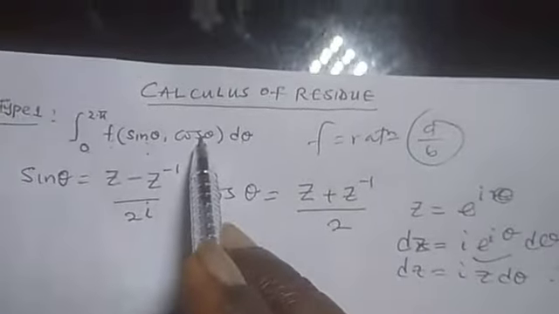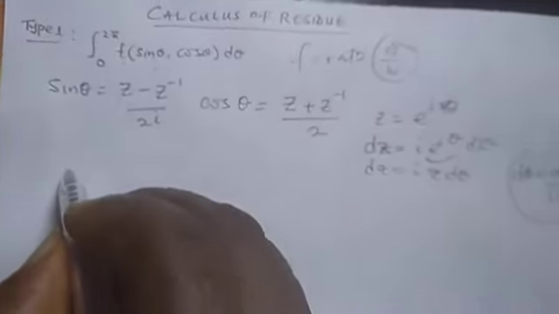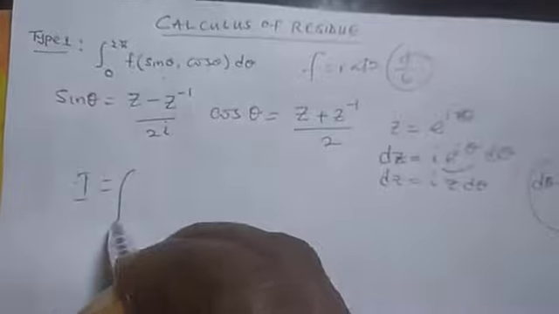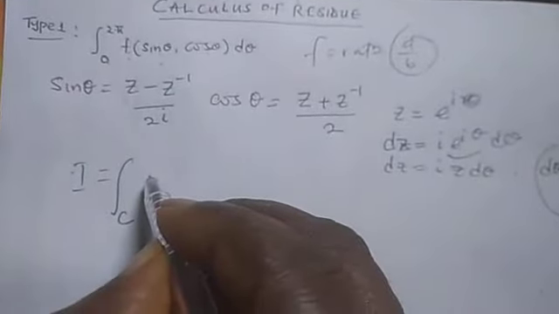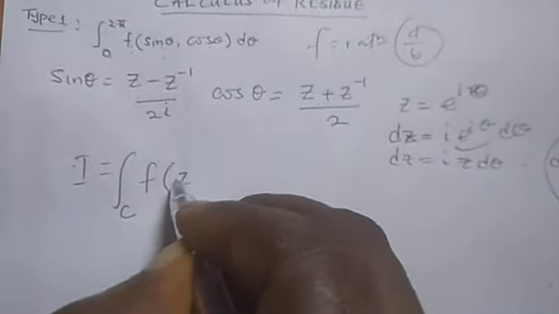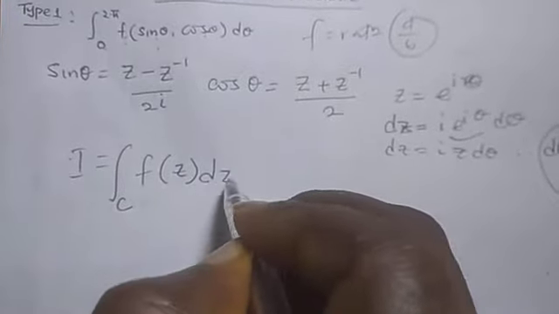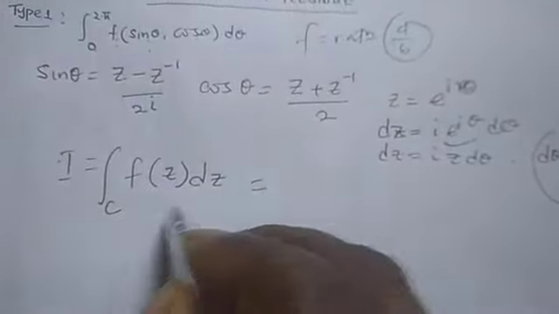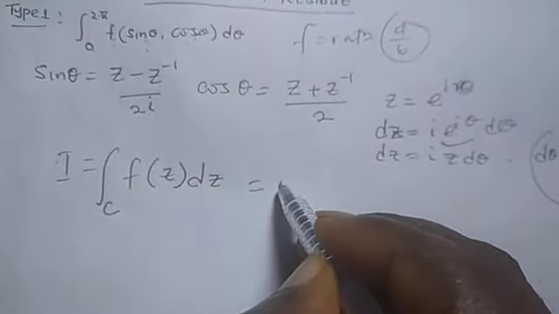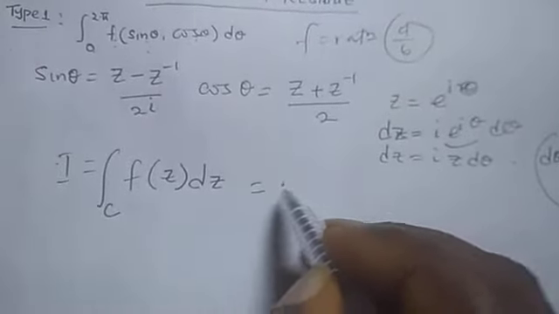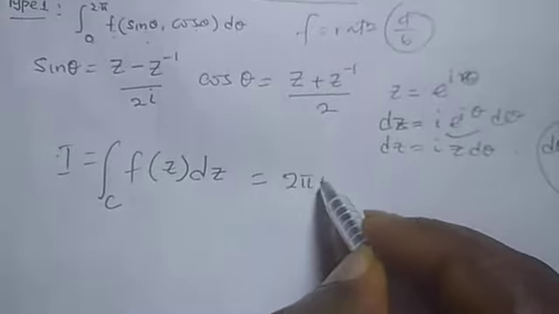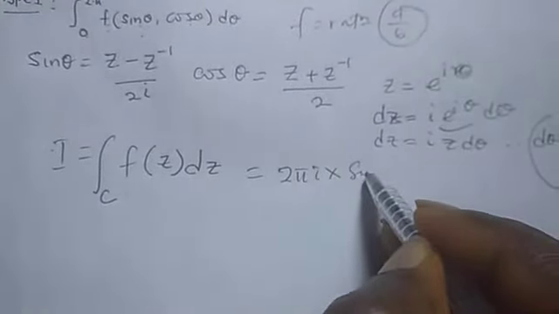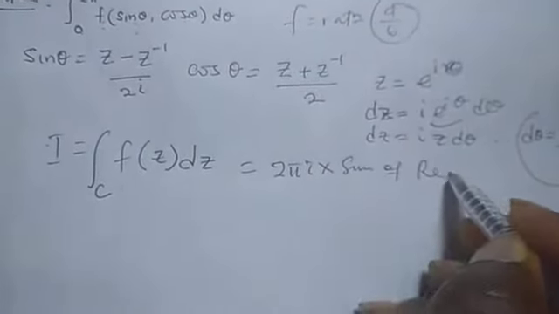So we need to take note, because that is what we are going to make use of. At the end of the day, the integral will not be of this form. We will now write it in terms of f of z dz, which at the end of the day we can apply the Cauchy residue theorem, which is 2 pi i times the sum of residues.